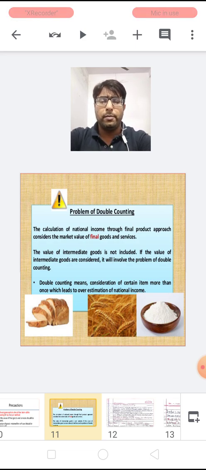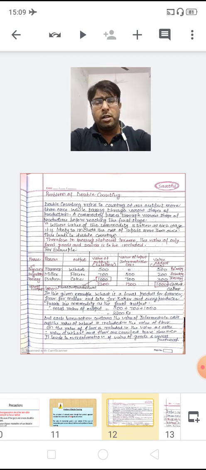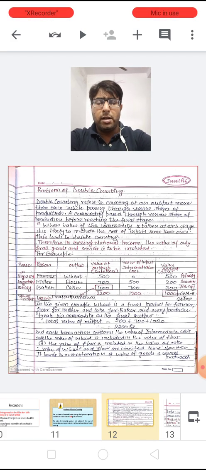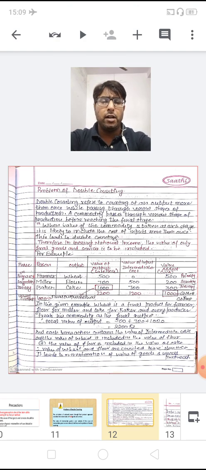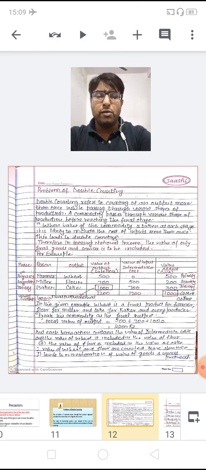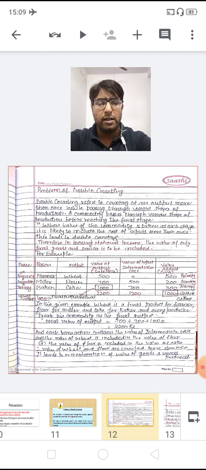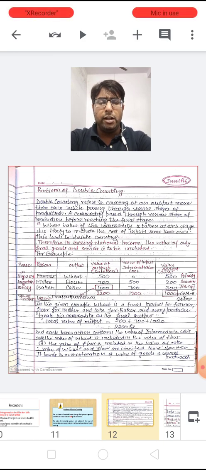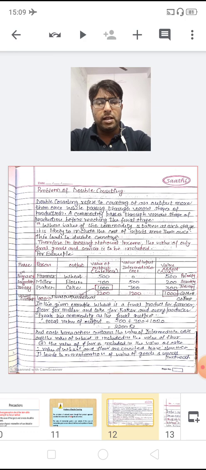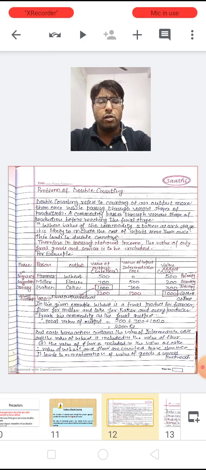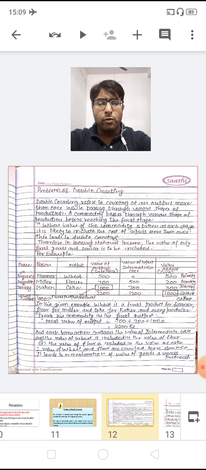Children, double counting refers to counting of an output more than once while passing through various stages of production. A commodity passes through various stages of production before reaching the final users, the final stage. When the value of the commodity is taken at the final stage, it is likely to include the cost of inputs more than once.